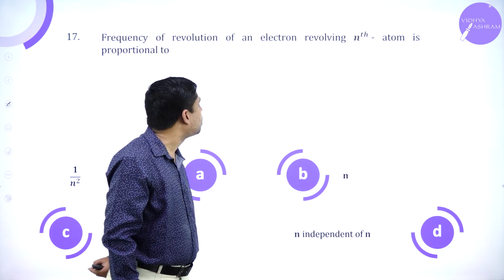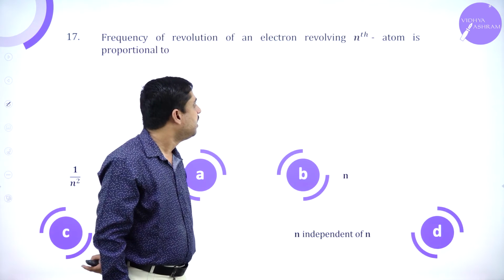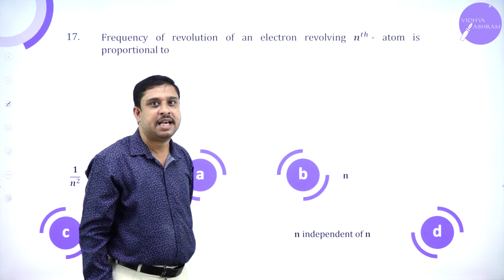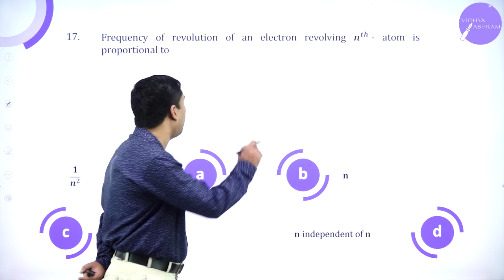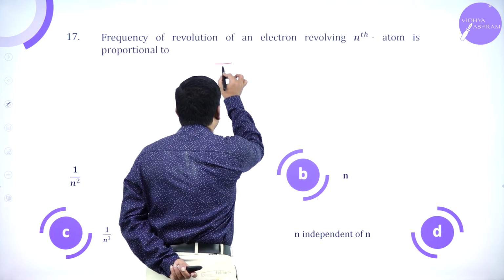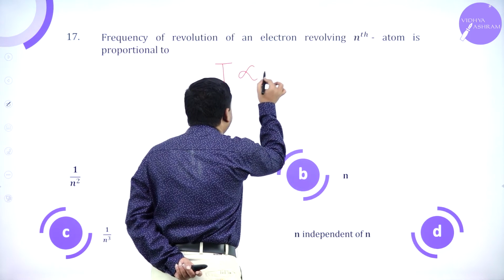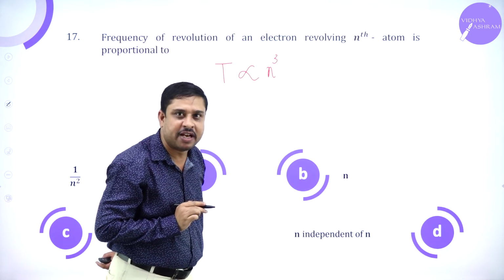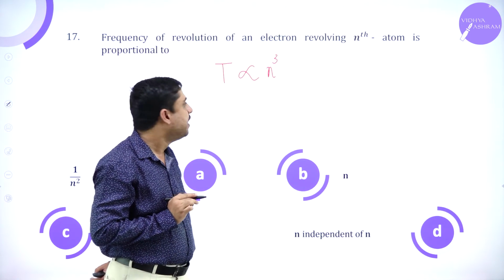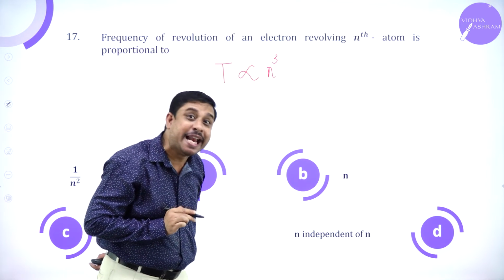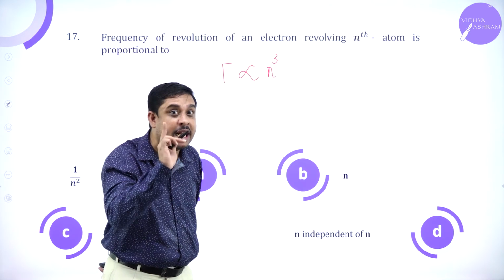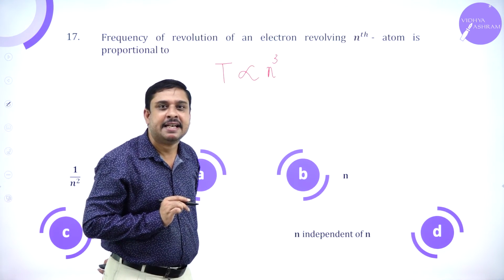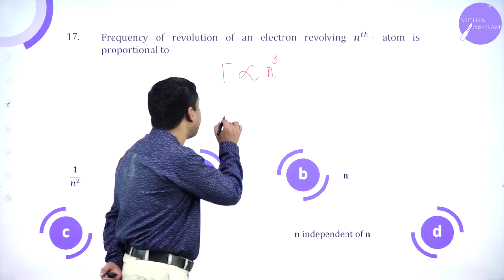Frequency of revolution of an electron revolving in the nth orbit is proportional to... we know time period of revolution of an electron is directly proportional to n cube. Frequency is the reciprocal of time.